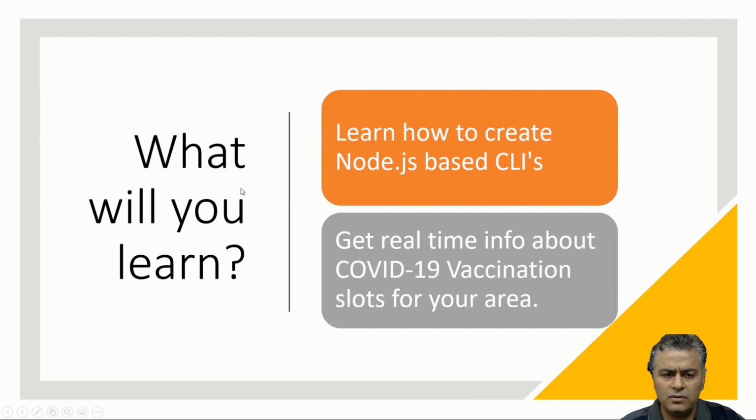We'll take baby steps, and in fact, we'll start with what a CLI is. At the end, what you will get is real-time info about COVID-19 vaccination slots for your area. It is a live app. You can make whatever CLI you want as per your need, because you will be able to learn how to make it from this course.